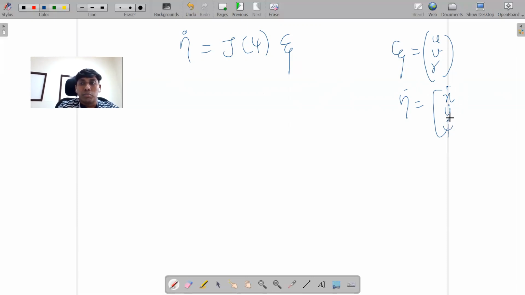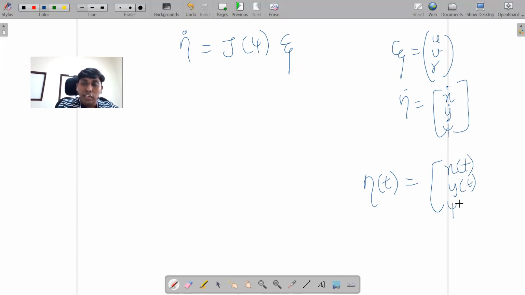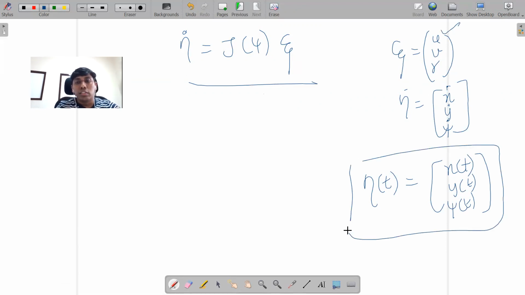But what we want is the time-dependent signal, so we want x of t, y of t, and psi of t. Can we solve for it? If I know this, can I get this? That is the question.